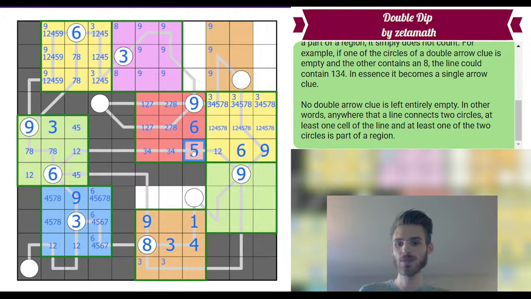which means that there's a 5. There's no 5 over here, sorry. There's a 3, an 8, and either a 2 or a 7, I want to say.